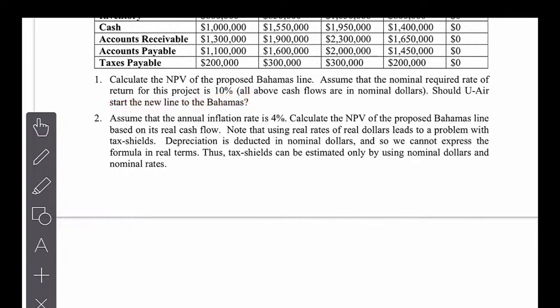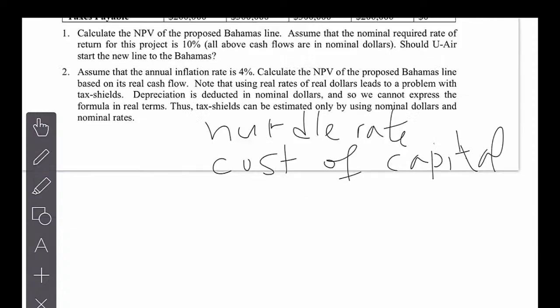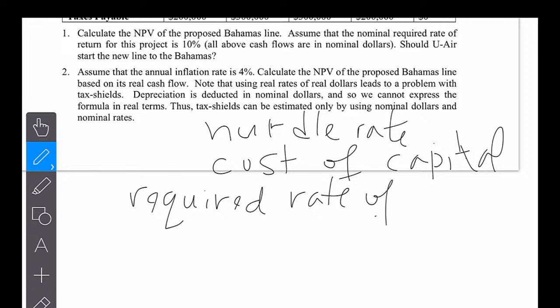So again, identifying the rate, you will see the terms used: hurdle rate, cost of capital, required rate of return, risk-adjusted rate of return.